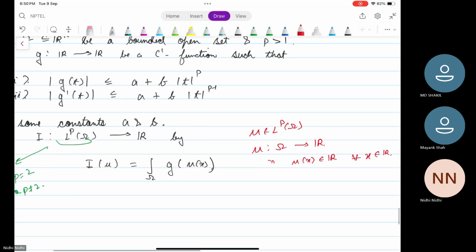Now again g is from R to R, so g(u(x)) is just composition, so this is g composed with u at x. So that's how this is defined. We'll see that this function is differentiable.